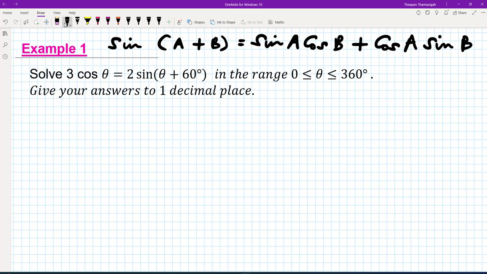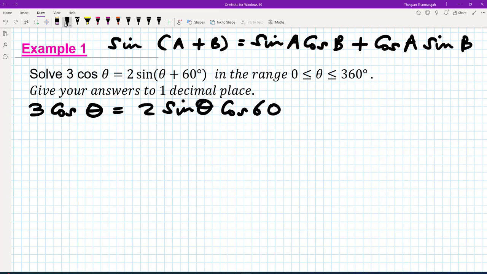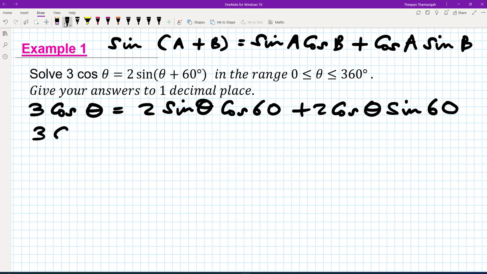So what you get here is 3 cos theta is 2 sine theta cos 60 degrees plus 2 cos theta sine 60 degrees. So as we did in the previous example, we're going to write the exact values in. So we get 3 cos theta equals 2 sine theta.